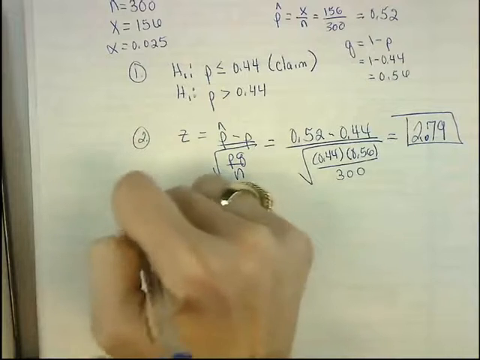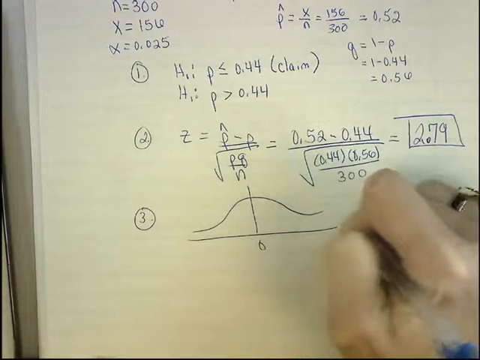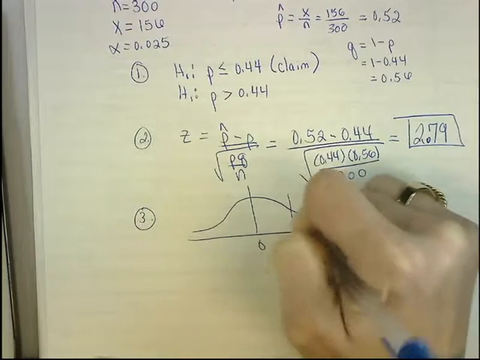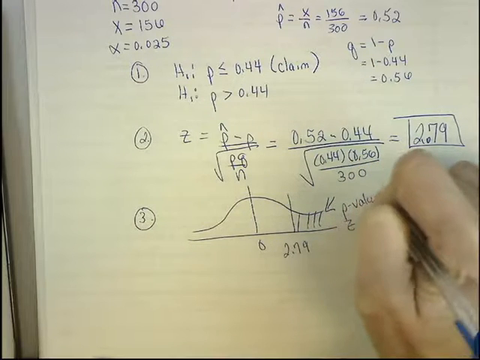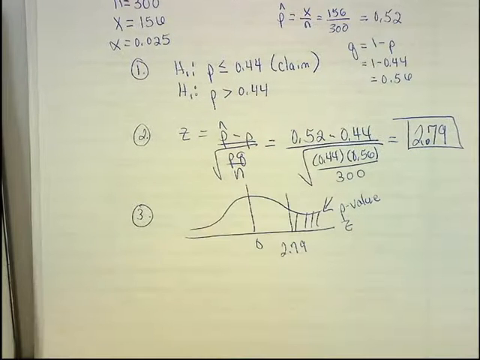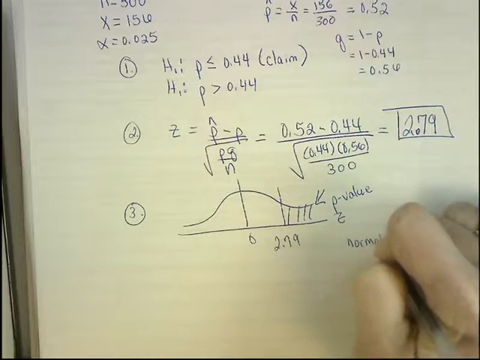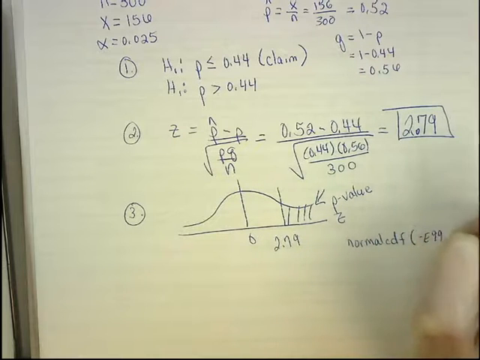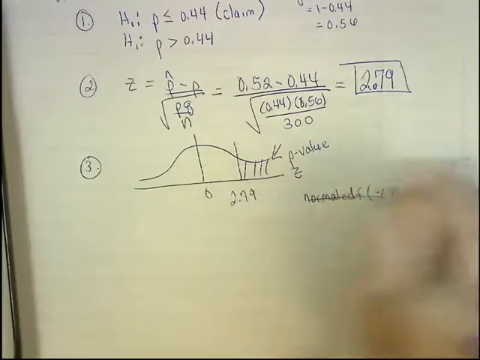P-value is the next step of the p-value method. You take your standard normal distribution and you put your test statistic where it should fall. If you find this area in the right tail, which is determined by your test statistic of 2.79, you have your p-value. This is where you could do normal CDF, and you put in negative E99, comma 2.79. Excuse me, made a mistake there.